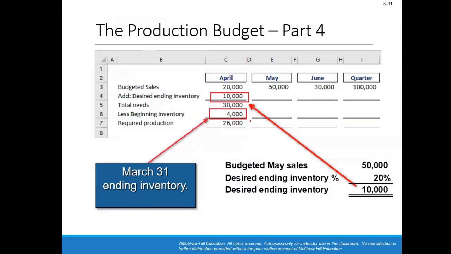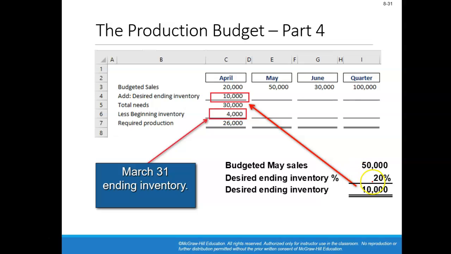Keep in mind that our ending inventory is going to be 20% of the sales for the upcoming month. So in the month of May, we expect to sell 50,000 units. Therefore, at the end of April, we want to have 10,000 units in inventory.